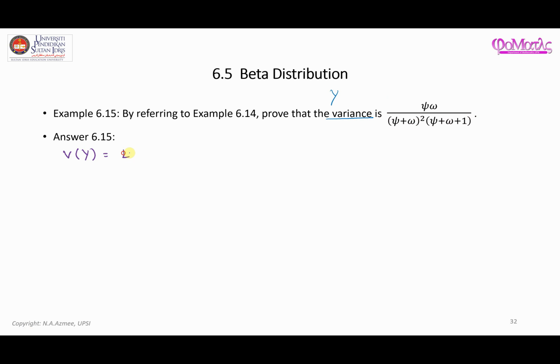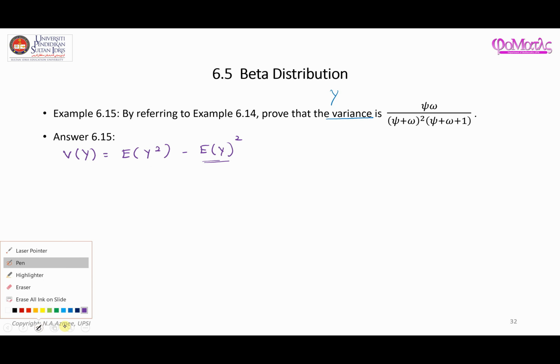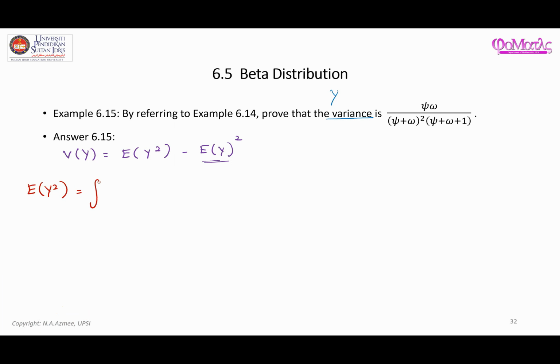Variance of y is just expected value of y squared minus expected value of y, and you square it. And this part has already been done just now, so we're going to focus on finding the expected value of y squared, and it is given by this process.